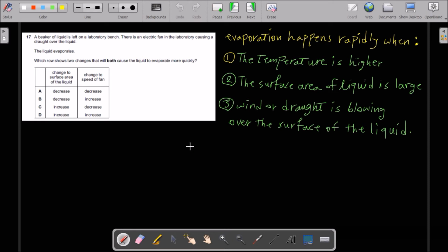We know that evaporation happens rapidly when the temperature is higher, or the surface area of the liquid is large, or wind or a draught is blowing over the surface of the liquid. Based on these three factors, we can choose D, because a change to the surface area of the liquid and a change to the speed of the fan increase evaporation. That's why D will be right.